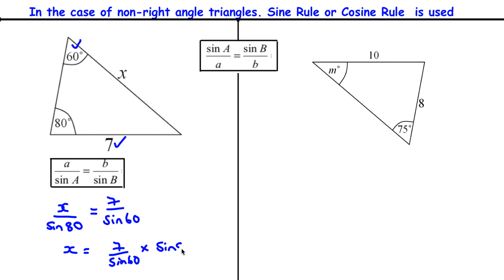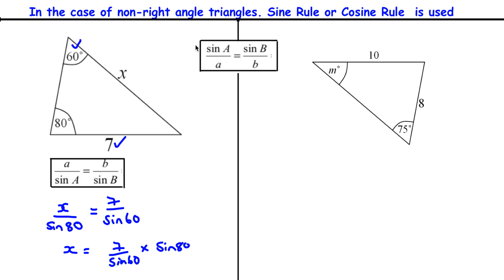As it's dividing on this side, by bringing it over, the inverse happens, and you get multiplied by sine 80. So let's do that on the calculator. So 7 divided by sine of 60, make sure you close your bracket, then take that answer and press multiply sine 80. Okay, you should get 7.96.